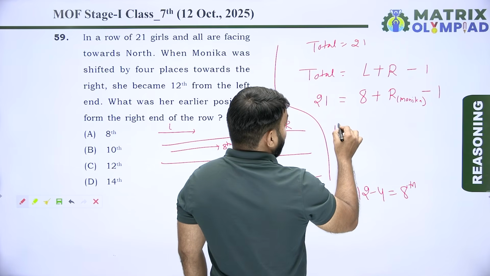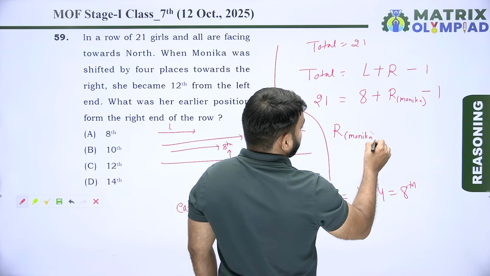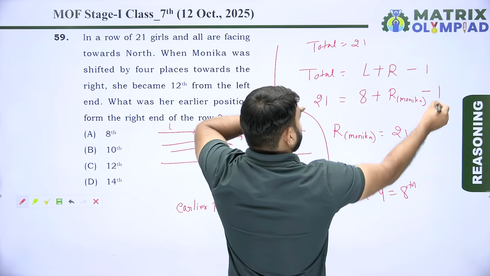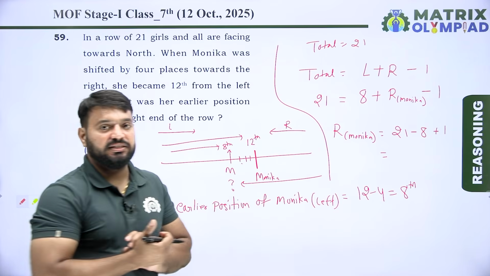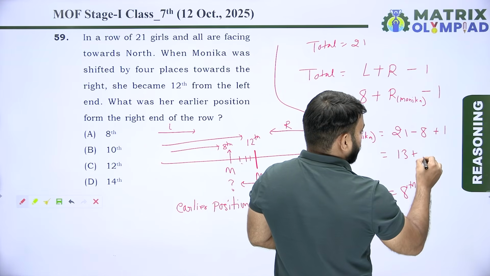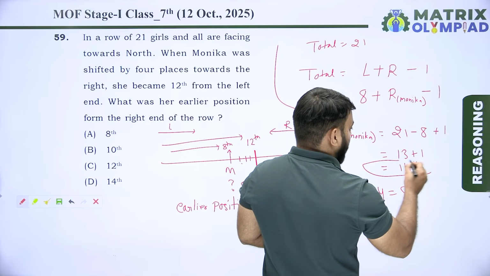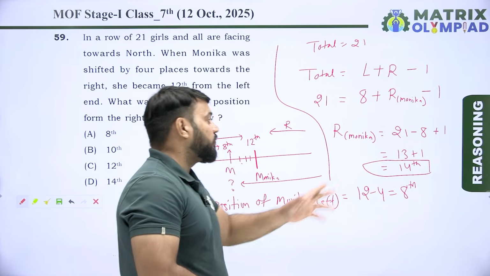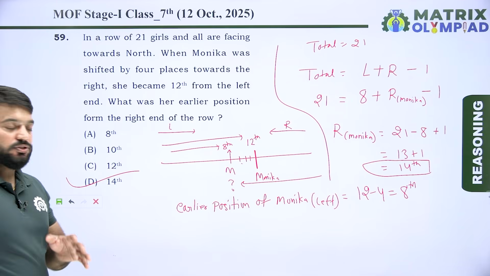So earlier right position of Monica is equal to 21 minus 8 plus 1. So 21 minus 8, it means 13, plus 1, it means 14. So the earlier position of Monica from the right end is 14. So here option D is the correct answer of this question.